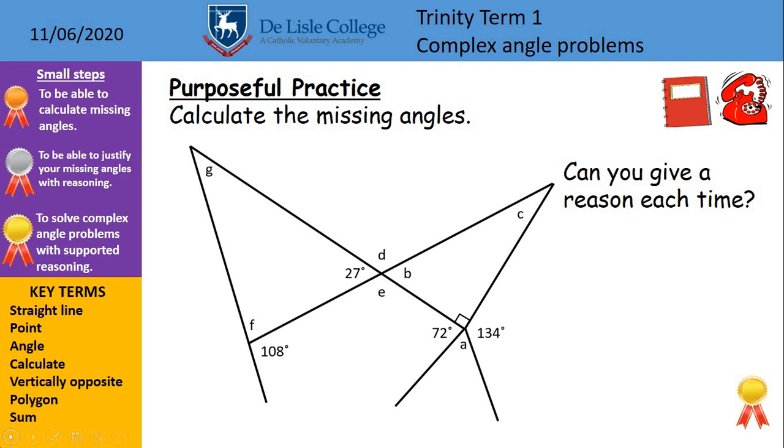Okay, so angle A, we've got angles around a point. So if we did 360 minus 134 minus 72 minus 90, we get A is 64 degrees. Then we could have a look at B. B is vertically opposite the 27, so it must be the same, it's 27.